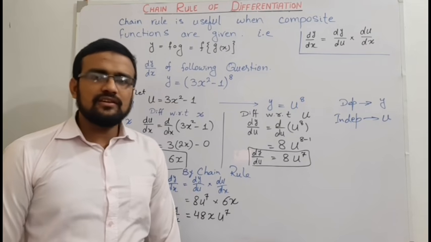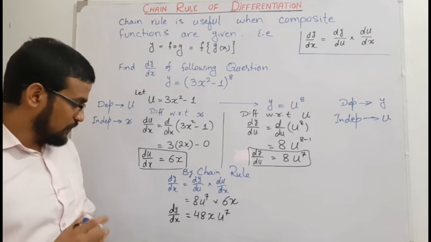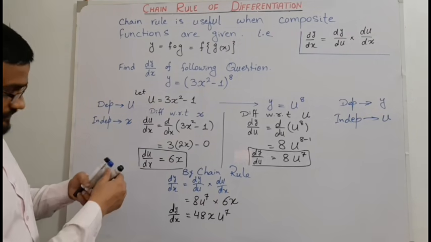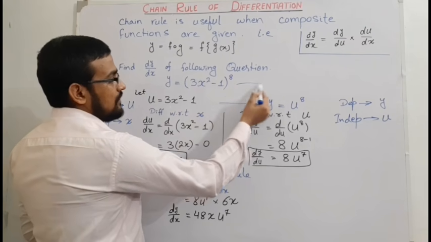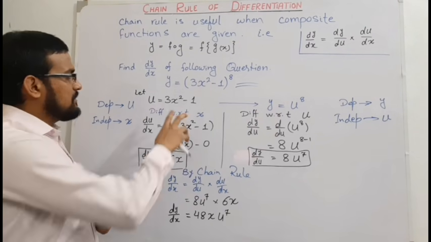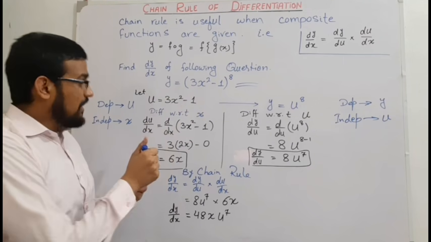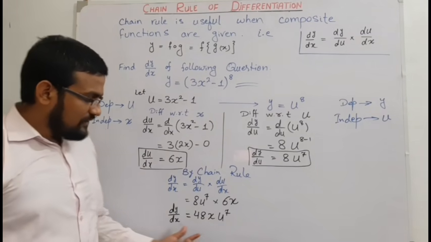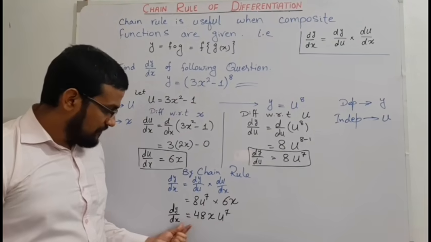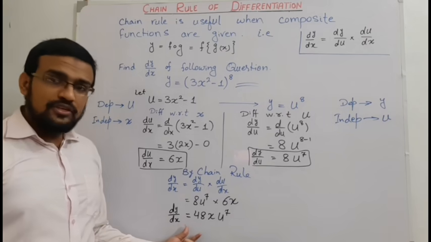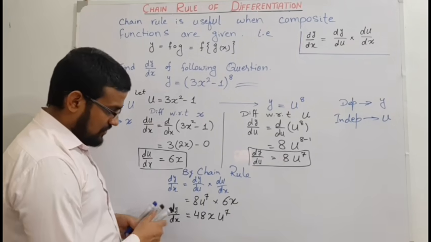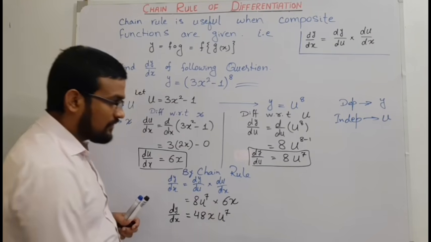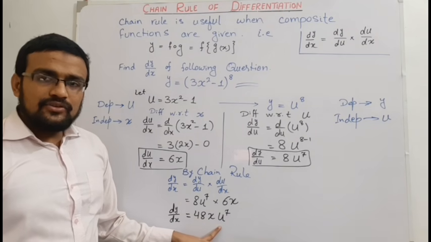And there is some mistake. Why? What is the mistake? The mistake is in our question: only two variables are given, x and y. y is dependent and x is independent. But in the result of its derivative there are three variables, x and u, students, u, not 4.